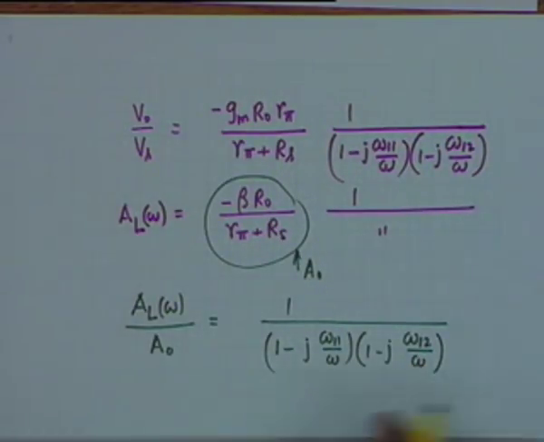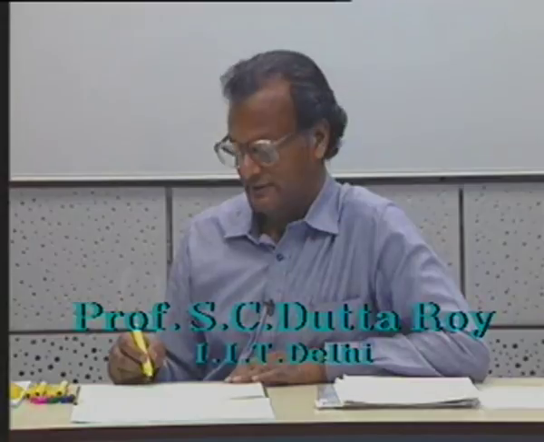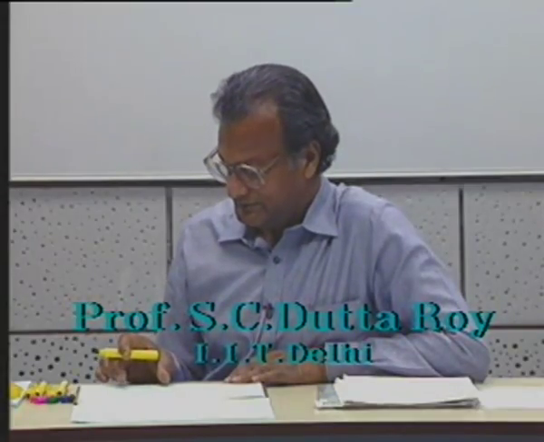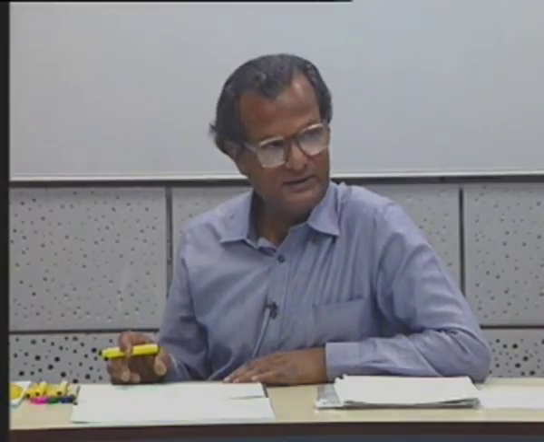It is a product of two terms like this, and you notice that, what is the value at omega equal to 0? Obviously this is 0, and as omega increases, the gain increases.